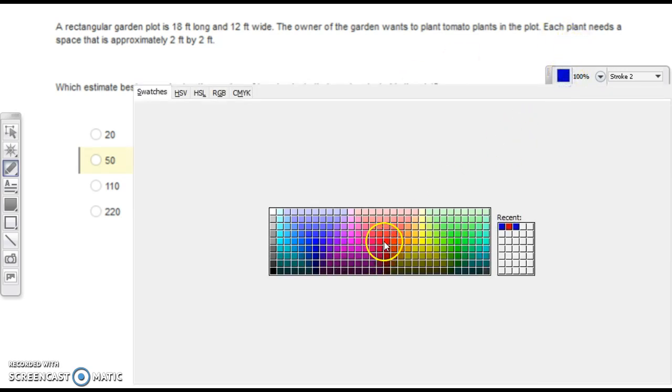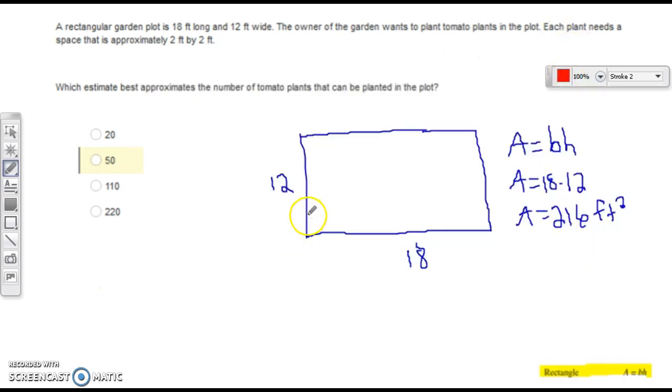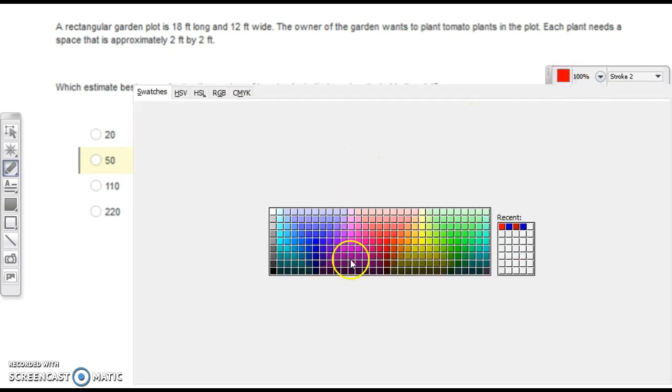But each tomato plant needs a 2 by 2 piece of the plot. So I'm going to go ahead and find the area of that little one. So the area that each plant needs is 4 feet squared. So if each plant needs 4 feet squared and the total area is 216, what we can do is take that total and divide it out by what each one needs to figure out approximately how many plants we could fit in there.